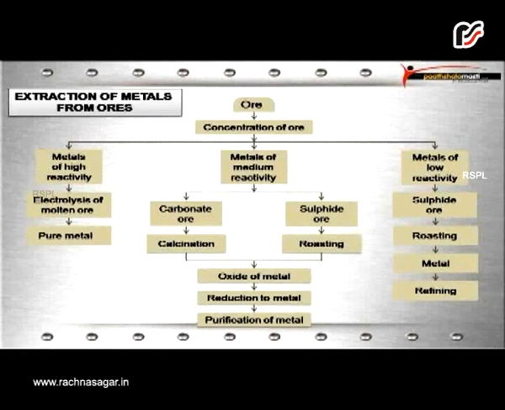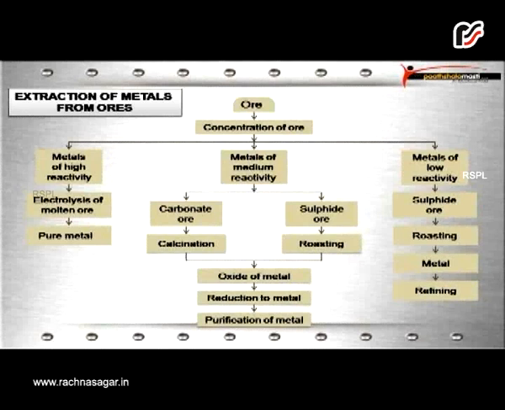Now when we have sulfide ore, it also needs to be converted into oxide with the help of a process called roasting. In calcination, we heat carbonate ore in absence of air to get oxide and carbon dioxide, whereas in roasting, sulfide ores are heated in presence of oxygen so as to get oxide of metal, and sulfur dioxide is formed.